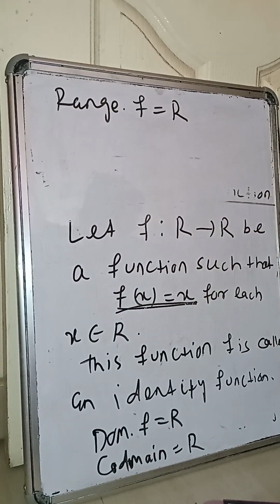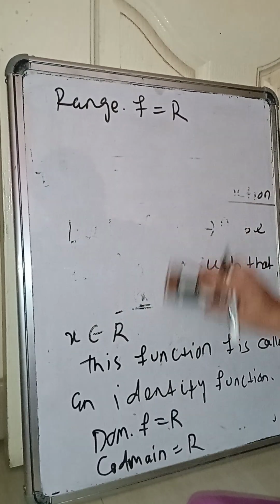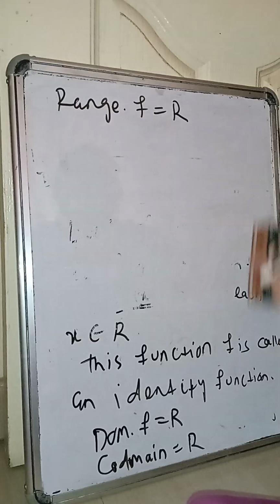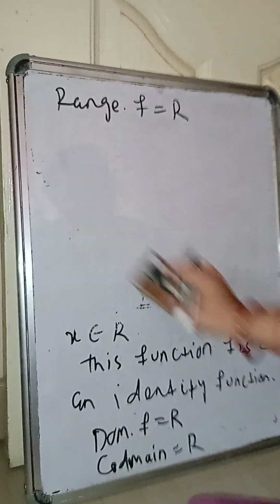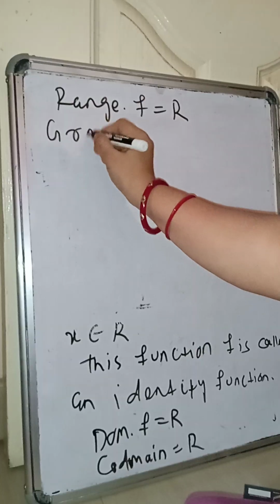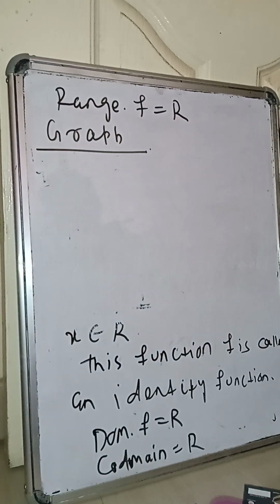Now if you draw the graph of this function, what will be the graph? The graph of this identity function. Previously you learned how to draw the graph of a function.